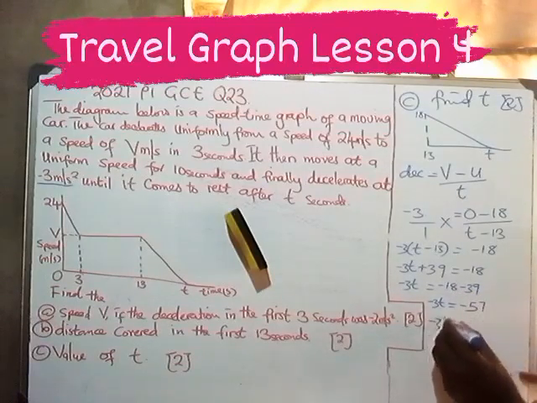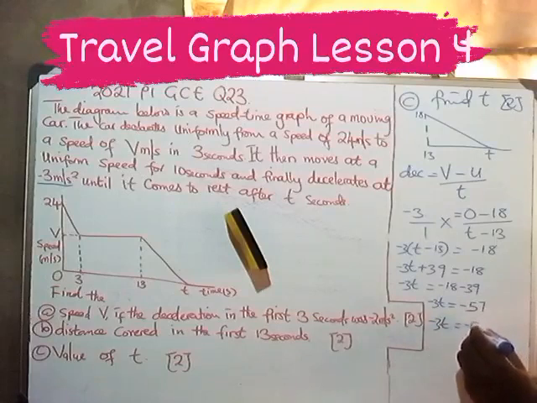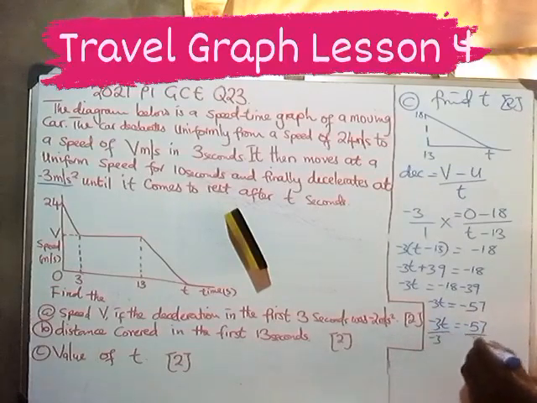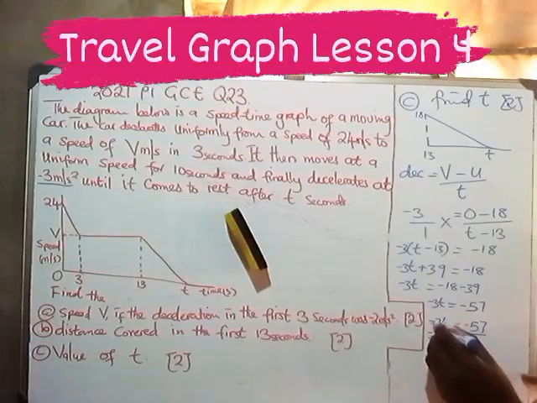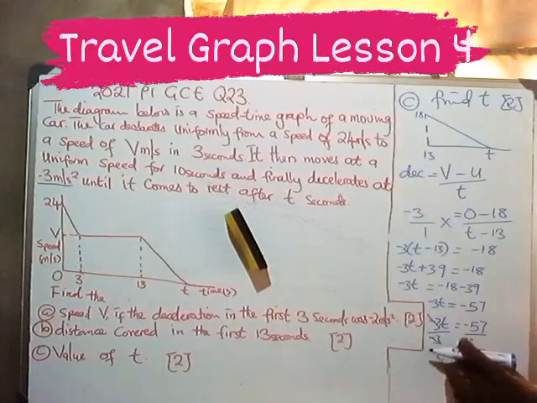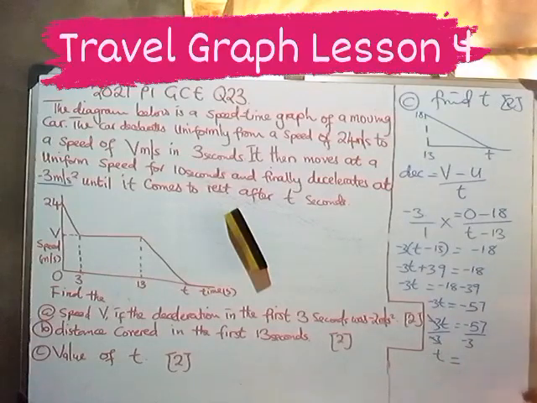So we are going to have -3t is equal to -57, divided by -3 on this other side too, so that we get rid of the 3 and make t the subject of the formula. Now, what will be the answer?